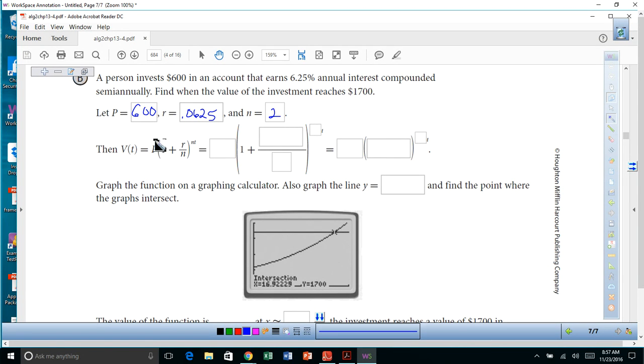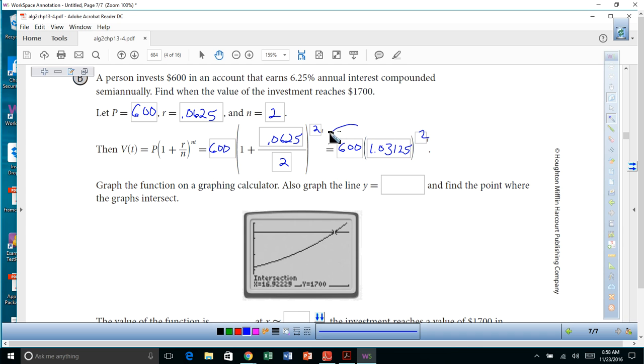Twice. So let's fill that out. We've got $600, and we've got 0.0625 divided by 2, and that's going to be 2t. So that's going to be $600, and then 0.0625 divided by 2 is going to be 1.03125 and 2t.